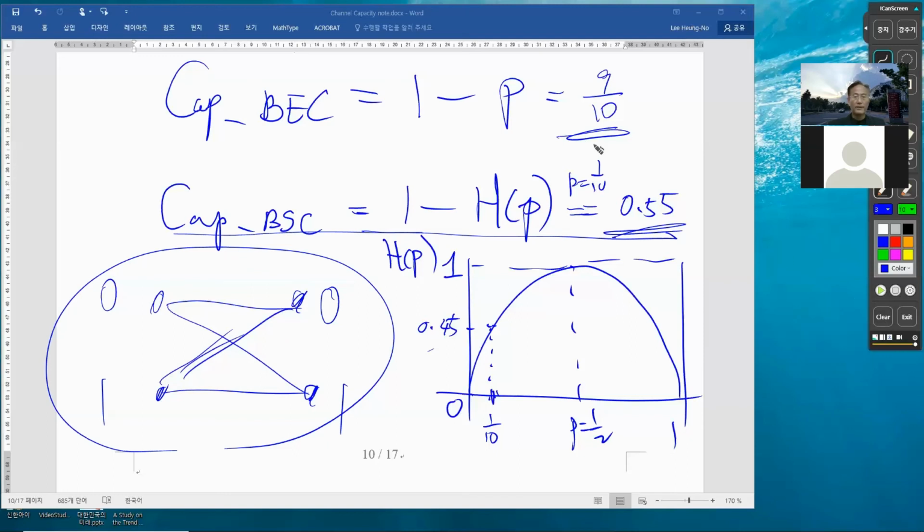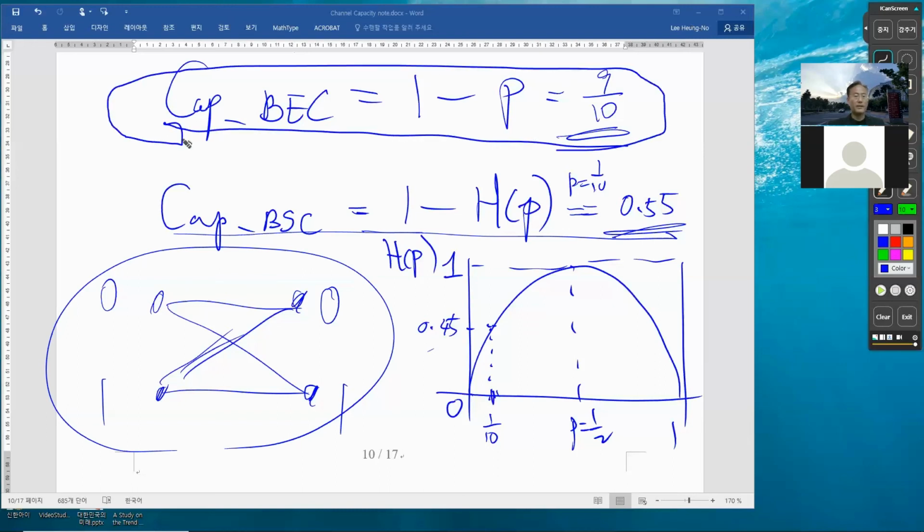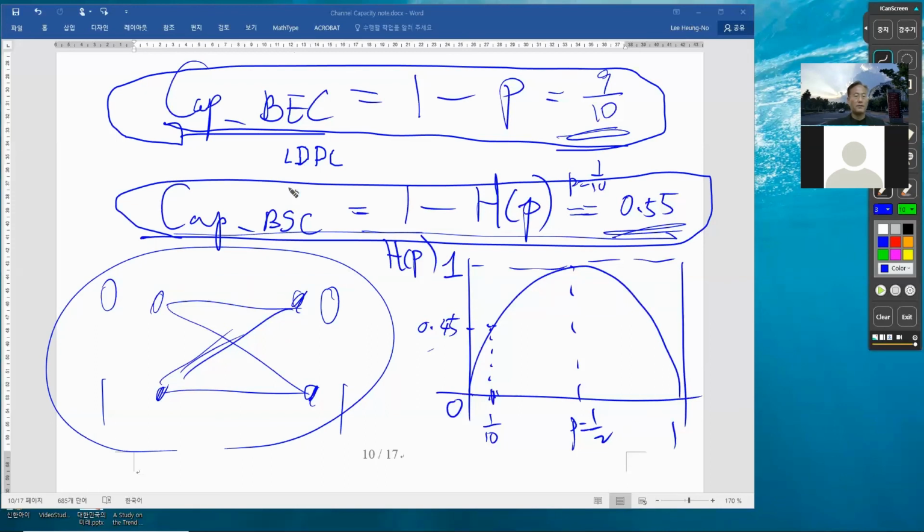Today we have coding theorems and coding schemes that achieve the capacity of the binary erasure channel. It has been proved using LDPC codes, low density parity check codes. And we also have LDPC codes approaching this capacity with an infinitesimally small difference.